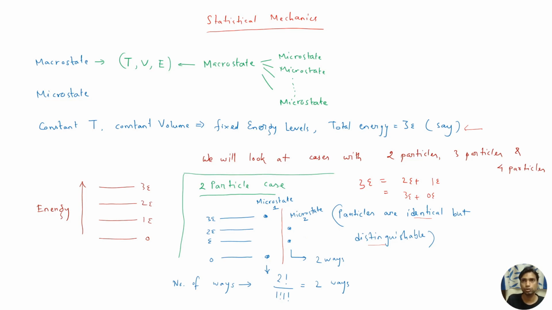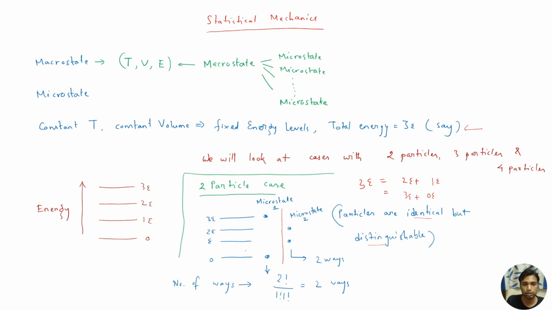Although attributes of those particles, for example the mass, charge, whatever properties they have, might be the same, an important factor is that they can be distinguished. That means we can put a label on them and say that this particle can be treated as different from the other particle.